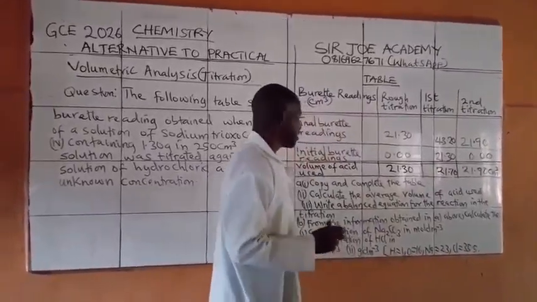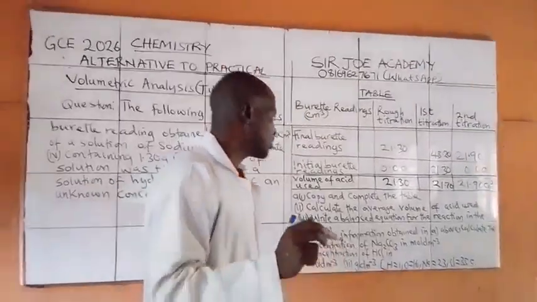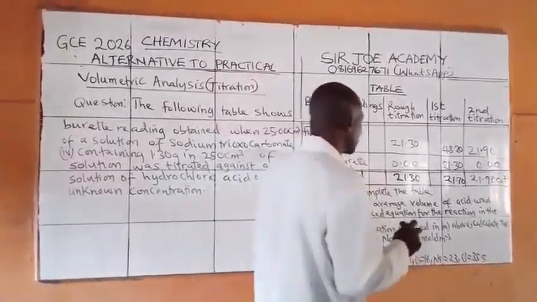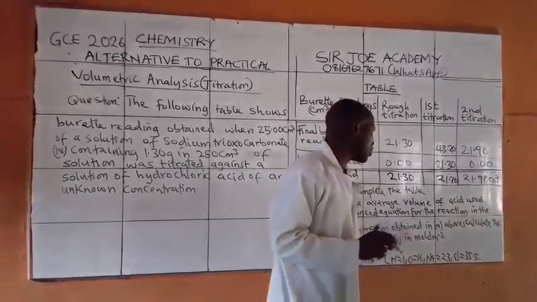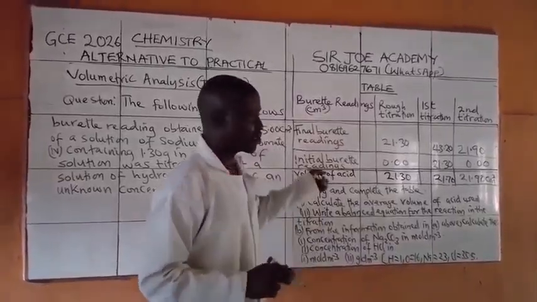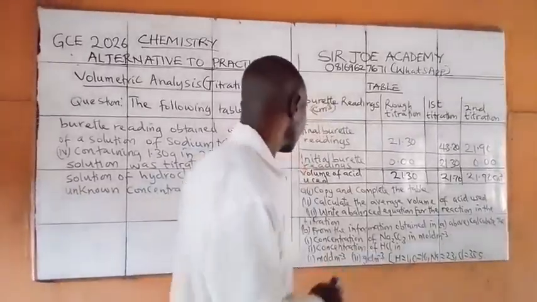So we are to use the concordant values, the consistent values, that's 21.70 and 21.90 centimeter cube for first titration and second titration respectively.